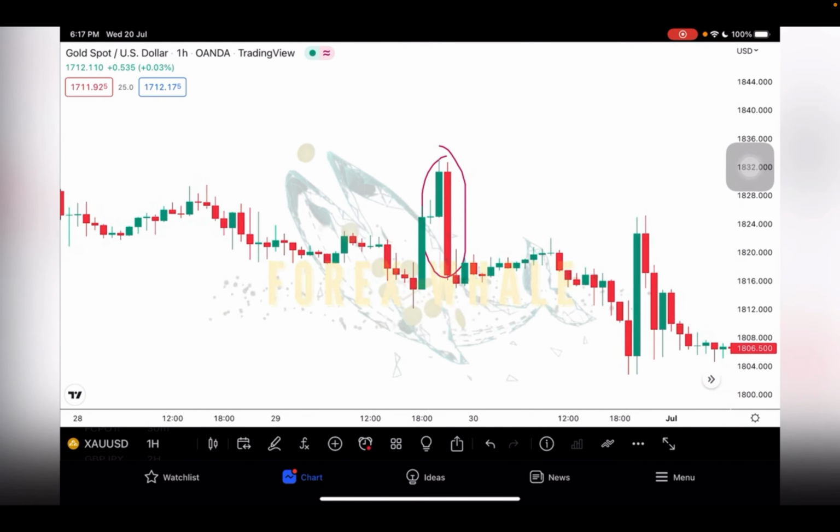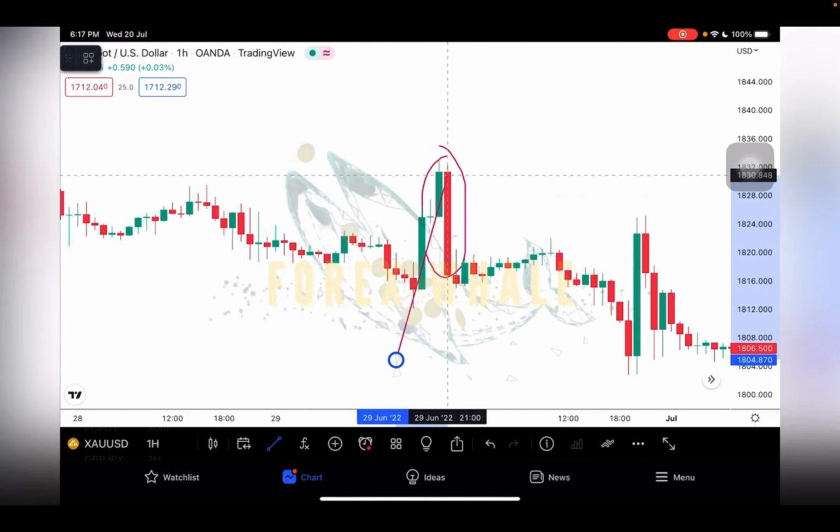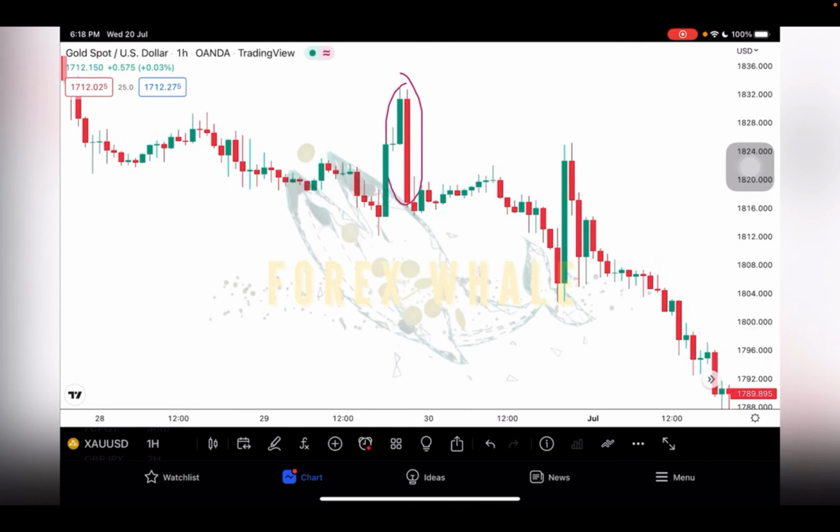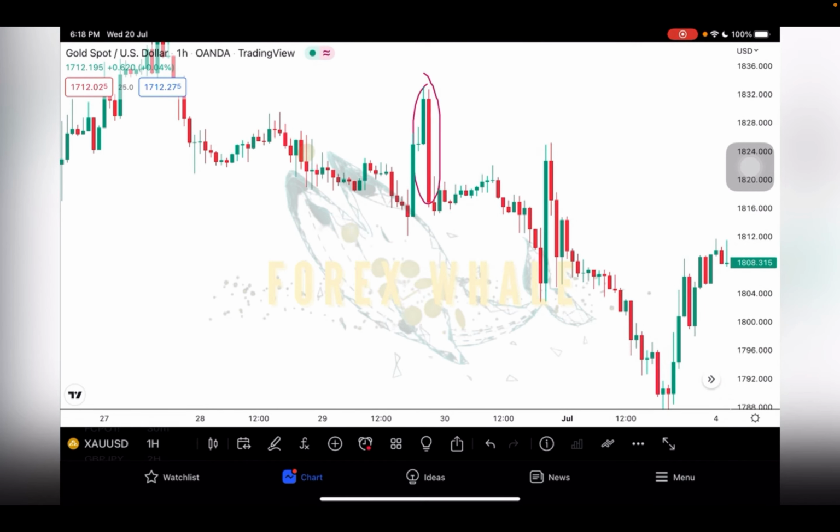Once price has closed this and formed this engulfing, it is not just any engulfing, it is a very strong engulf, because it engulfs not just one candlestick but two previous candlesticks. The body size is definitely bigger, and the shadow ends here, whilst the previous candlestick's shadow ended here. Once price has formed that, you can place your entry.